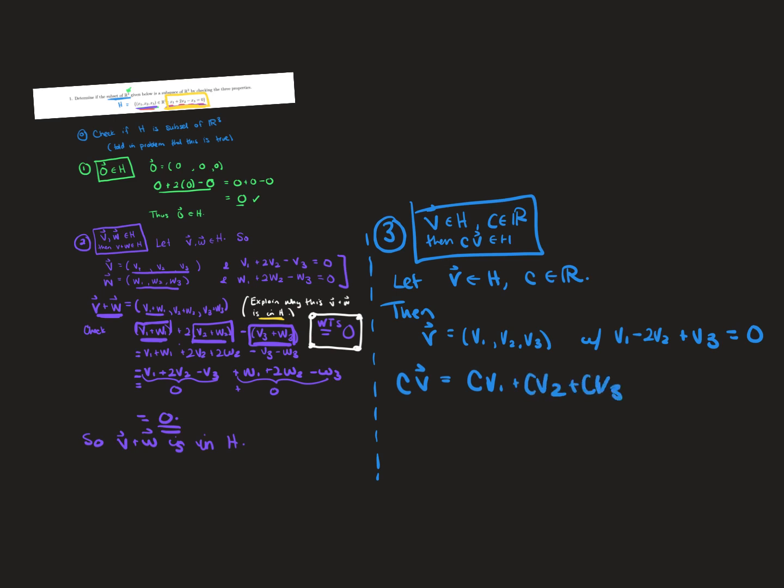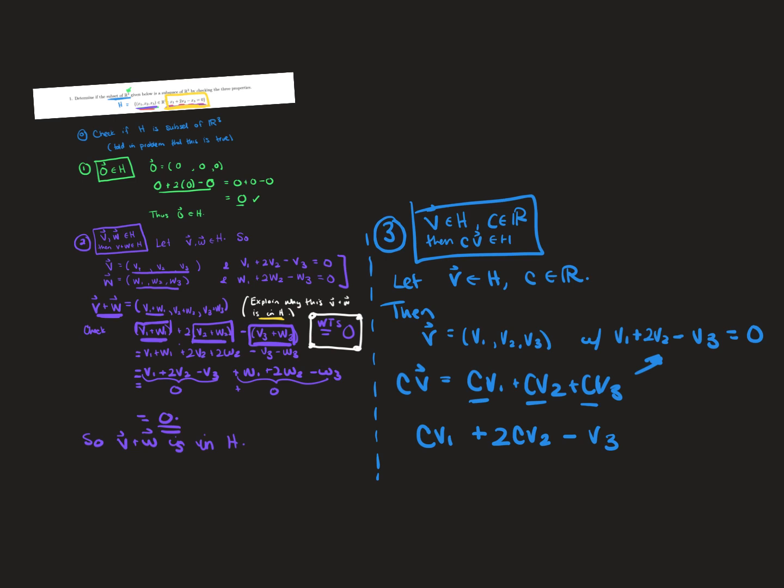And now we have to check, does this satisfy the rule that puts me into my set? So the rule says that if you take the first thing plus 2 times the second thing, minus the third thing, I wrote this all sorts of wrong.